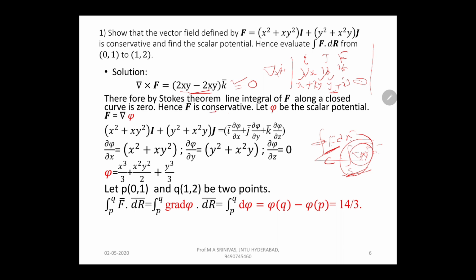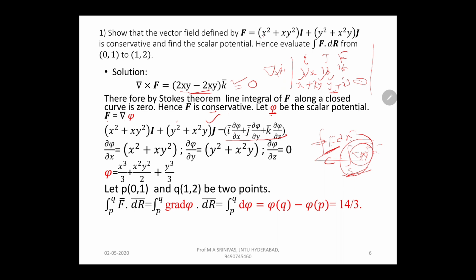Whenever f bar is conservative, there will be a function phi, which is what we call the scalar potential. The gradient of phi is equal to the f bar given to you. As per the definition, the gradient of phi is i bar dou phi by dou x, j bar dou phi by dou y, k bar dou phi by dou z.